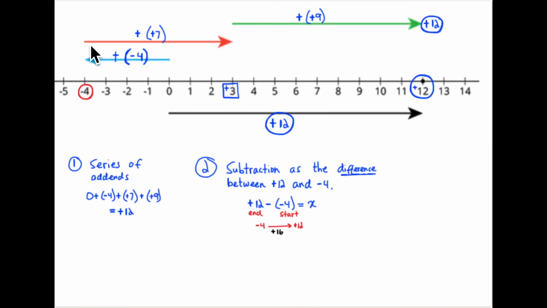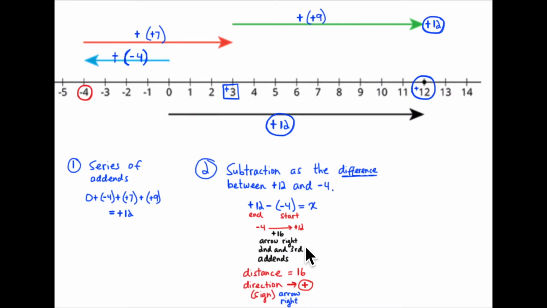So the second addend would be these two addends combined from -4 all the way up here to +12. That is a +16 units. Because the arrow is moving to the right, so it's positive, and the second and third addends combined to equal that +16.